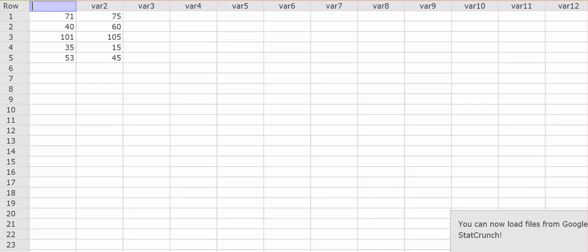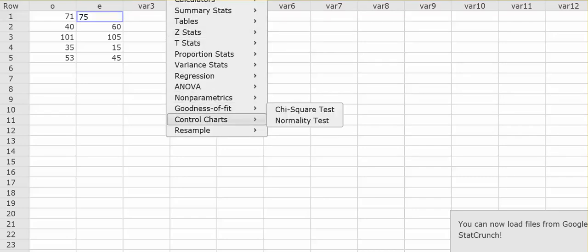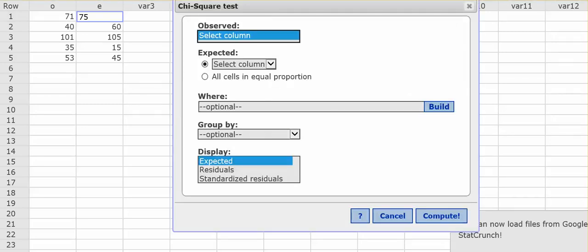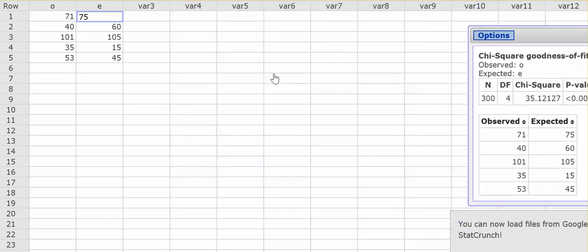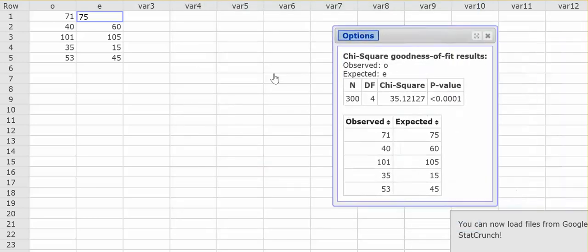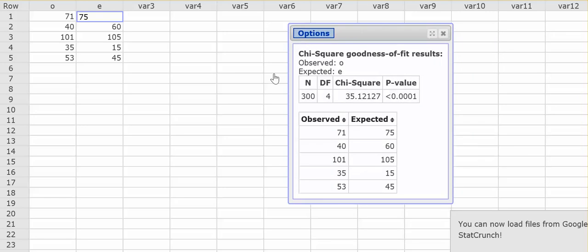It's a good practice to change the variables, so I just changed them to O and E. If you come into Stat and you go to Goodness of Fit, chi-squared, then you select the column that has the observed, select the column that has the expected, and you can just click Compute. It will then give you a table that tells you your p-value is much smaller than 0.0001, and then it gives you a table with all the information.